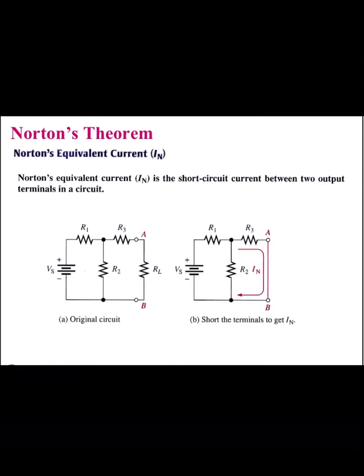Okay, and in Thevenin theorem we did just the reverse, meaning we calculated the open circuit voltage across the load. Here we will calculate the short circuit current between the load terminals.